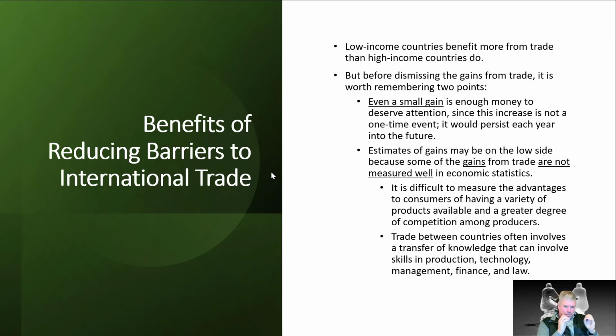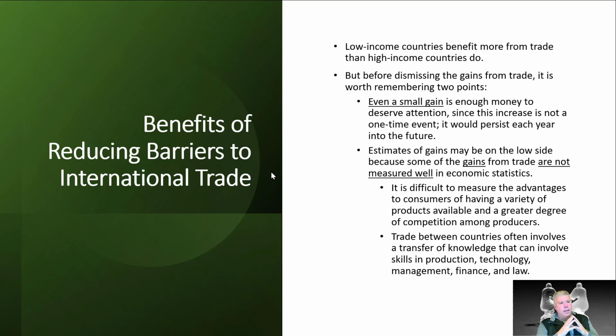And second, estimates of these gains based upon academic studies may be on the low side, because some of the gains are not measured well in economic statistics. It's difficult to measure the advantages to consumers of having a variety of products available and a greater degree of competition among producers.